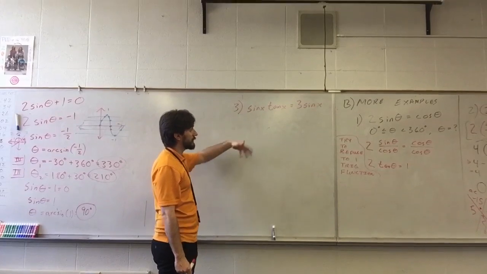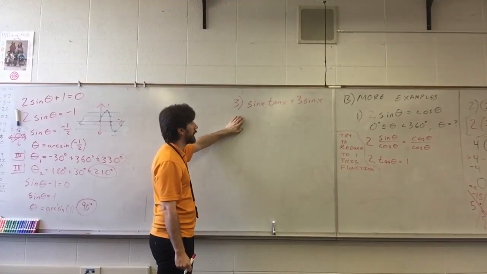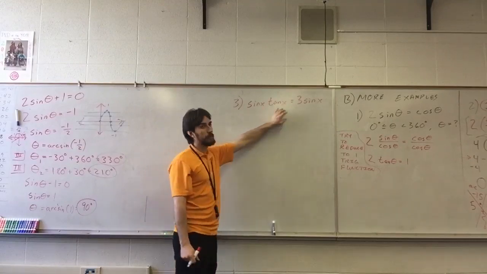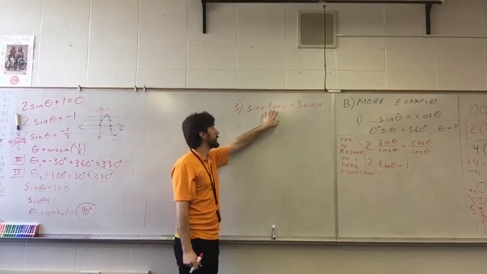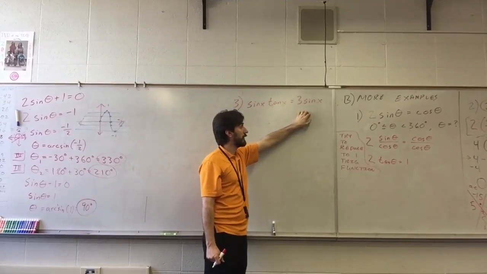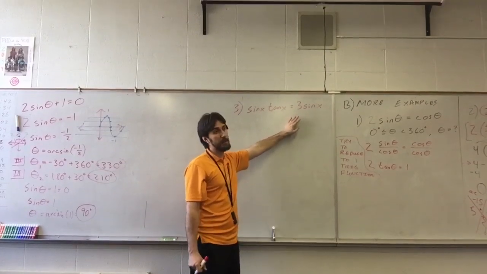You might think, all right, I'm going to multiply or divide by something to get this all in terms of one. But that's going to be pretty difficult because this is really sine squared over cosine equals sine over 1, right? And it's going to be pretty difficult to get those all in one.